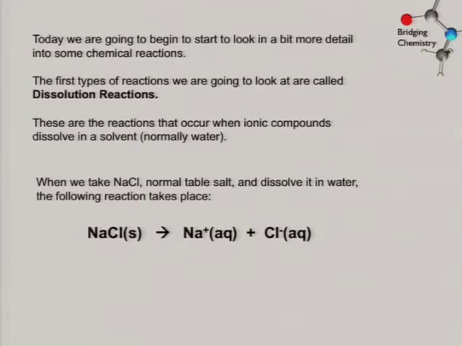And so if we think about sodium chloride, if we take sodium chloride and we put it in water, like you would if you were going to cook your potatoes, then the solid sodium chloride disappears. You know that, you've done this. You put the white salt in and then there's no longer white salt there, it disappears. And that's because the salt dissolves to give you back the sodium cations and the chloride anions from which the sodium chloride solid was composed.